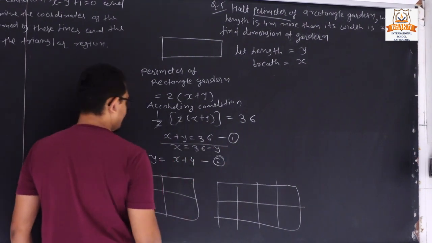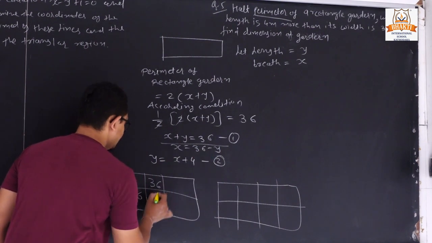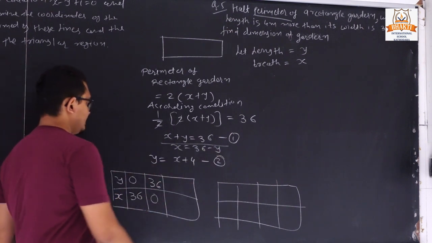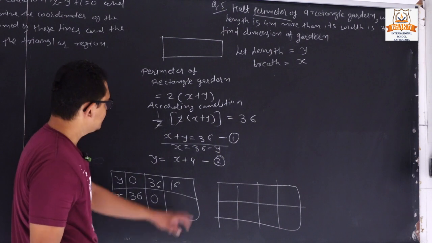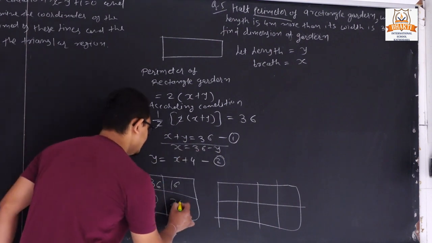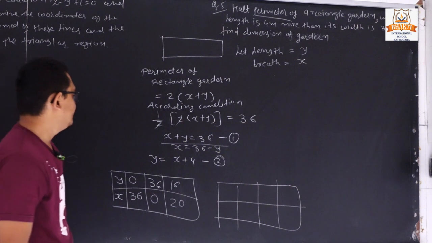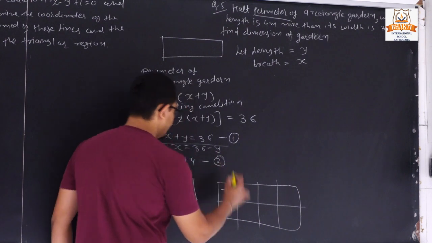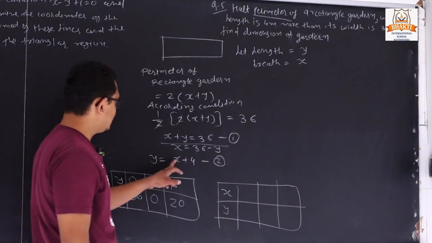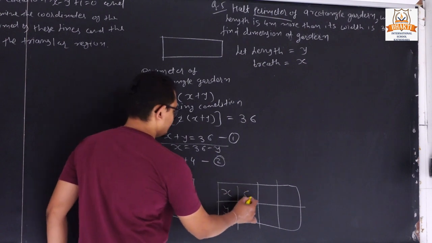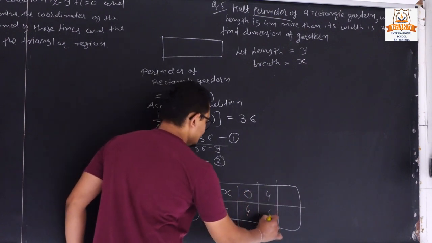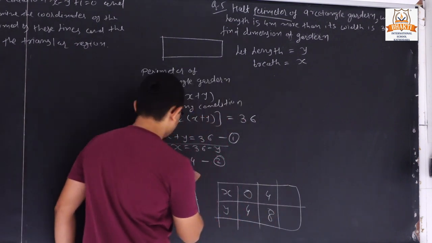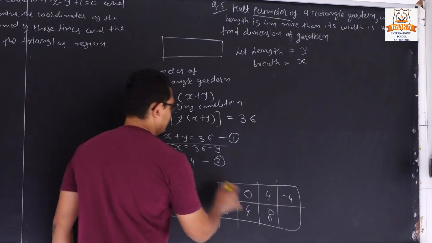Putting y = 36, we have 0, because 36 - 36. Next, taking y = 16, 36 - 16 is 20. For the second equation, putting x = 0 gives y = 4, x = 4 gives y = 8, and x = -4 gives y = 0.